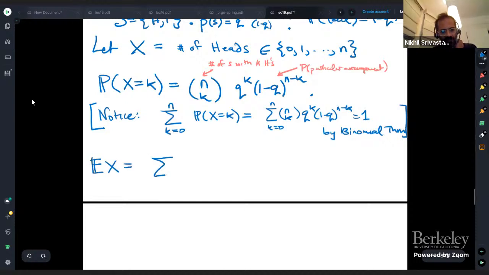Well, it's the sum over all outcomes, which in this case are these values k going from 0 to n, times the value of the outcome, which is just k, times the probability, which is n choose k, q to the k, 1 minus q to the n minus k.